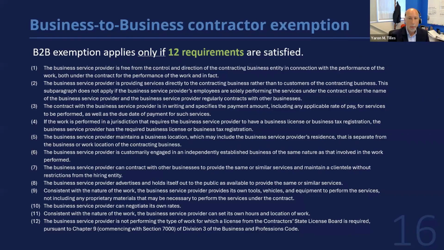Number 9, no surprise, is that the service provider provides its own tools, vehicles, equipment, and so forth. 10 is that they can negotiate their own rates. 11 is that they can set their own hours and location of the work. And 12 is lastly that they're not performing work essentially in the construction trade, something that requires a license under the Contractor State License Board.